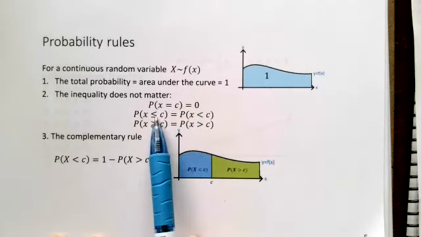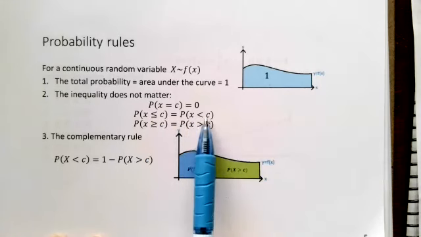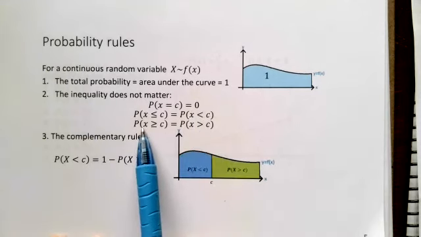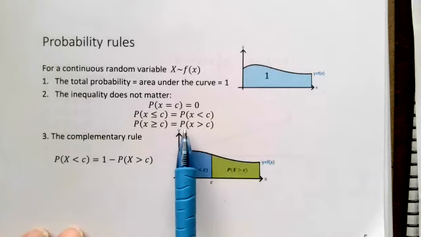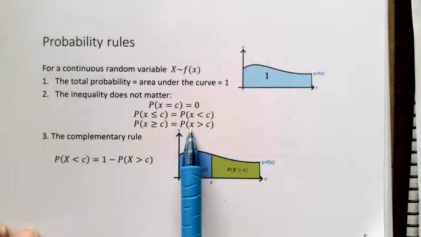So it doesn't matter whether we include the endpoint or don't include the endpoint, the probability is still going to be the same. Same for the probability that x is greater than or equal to c, it is going to be the same as the probability that x is greater than c.